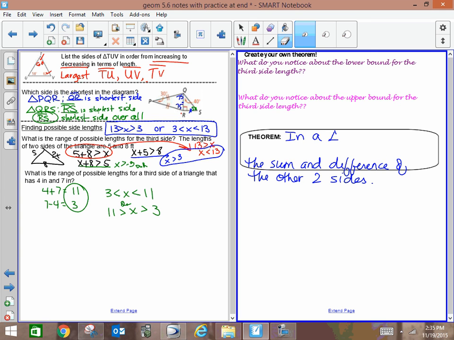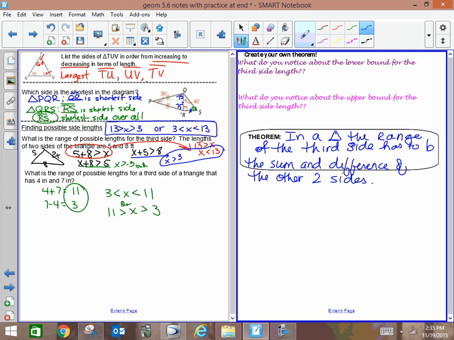In a triangle, the range of the third side has to be the sum and difference of the other two sides. I like that. It's a little bit more compact, but basically, you're going to remember it. If you need more words to remember it, then go for it, okay?